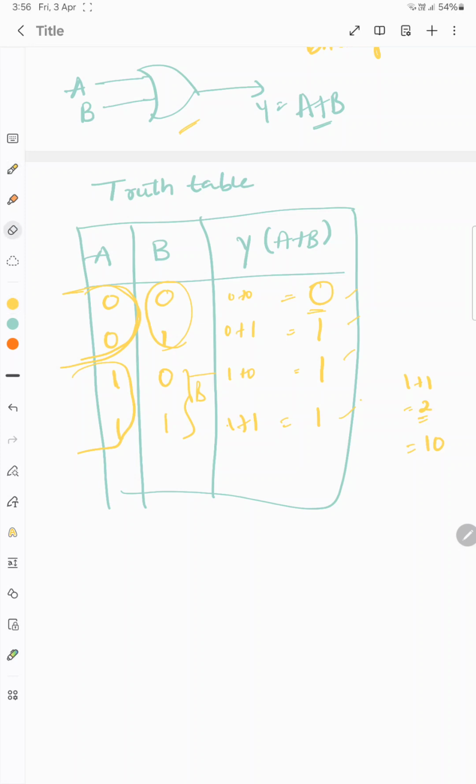It is not complemented. So we say that the output will be 1. So 0 is low and 1 is high.